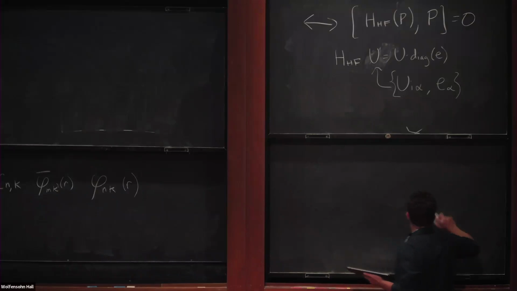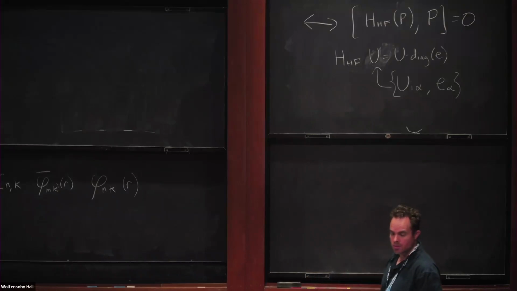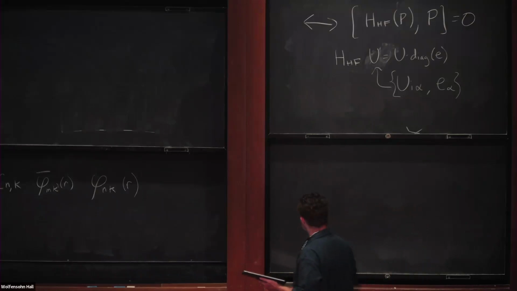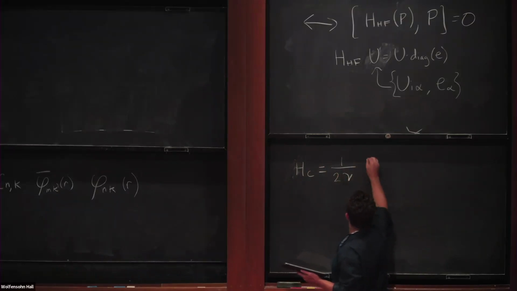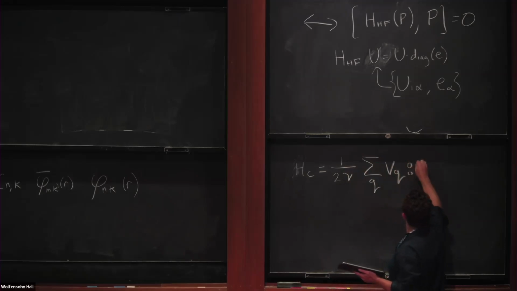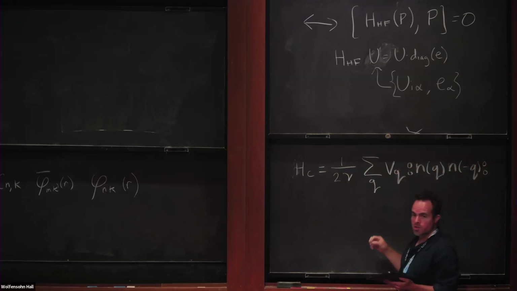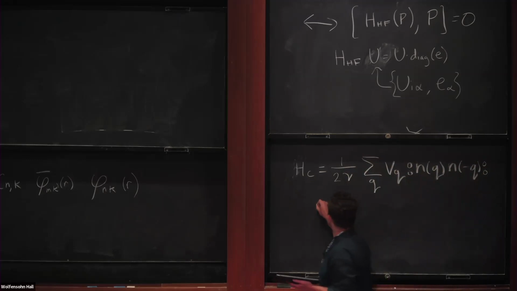So where does quantum geometry come up? One of the nice ways to analyze a problem like this is in Fourier space. So I can rewrite the Coulomb interaction, H Coulomb, instead as a sum over Q of V_Q n_Q n_negative-Q, where V_Q is the Fourier transform of the Coulomb interaction, and n_Q is the Fourier transform of the density operator.